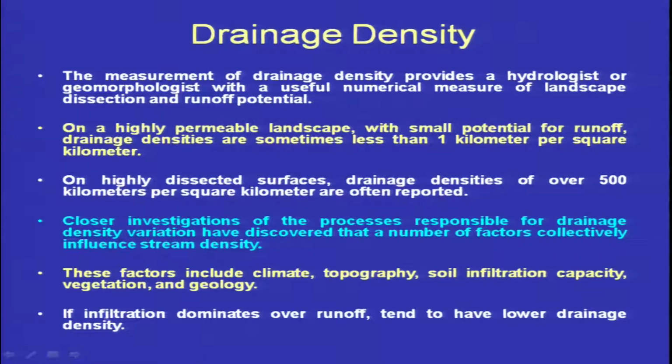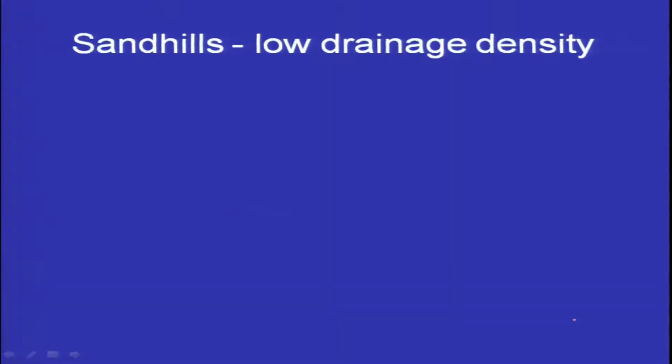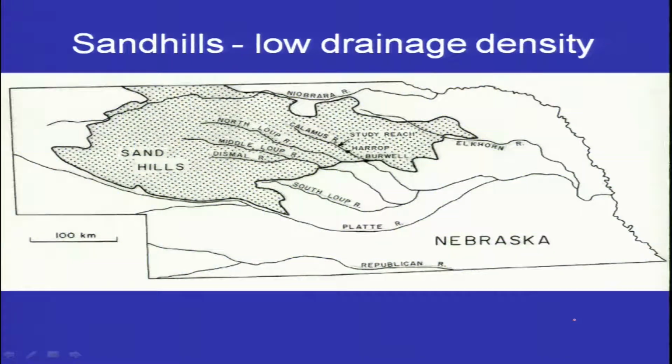Okay. If infiltration dominates over runoff, the area tends to have lower drainage density. So, if you have a very high infiltration rate, then you have lower drainage density and coarser drainage texture also. Okay. So, this is one example. Within the same basin, at some location you have very low drainage density, and the reason is that this portion of the area comprises sandy hills.